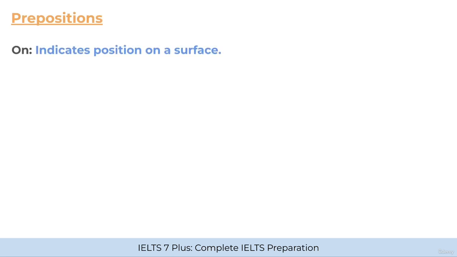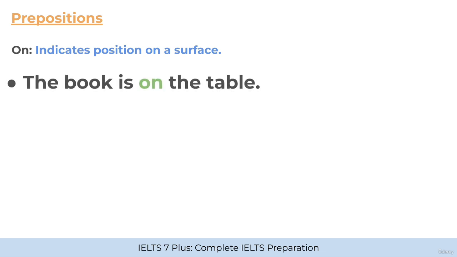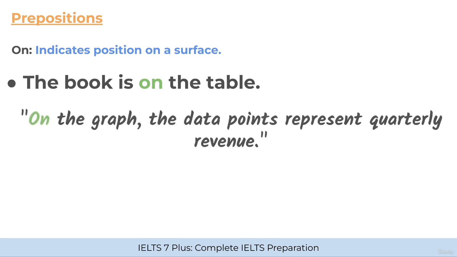Okay, next one, on. This indicates a position on top of a surface, if you like. So, for example, the book is on the table, and it's on the surface of it. More IELTS focused, we've got: on the graph, the data points represent quarterly revenue.